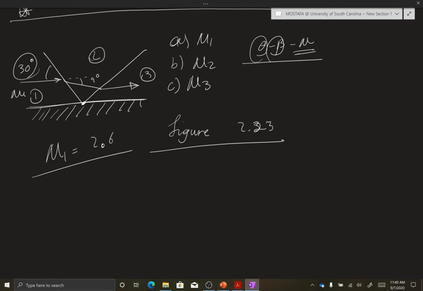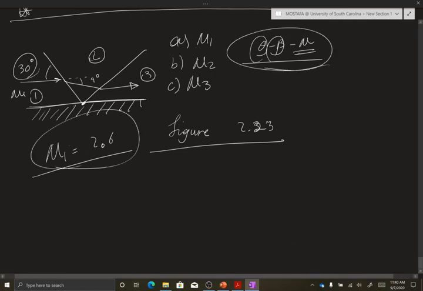Right? And if you recall, after finding these three properties, theta, beta, and M, we had to find the normal component of that flow, normal to the shock, right? So M1n, which we could calculate by multiplying M1 by sine of beta.